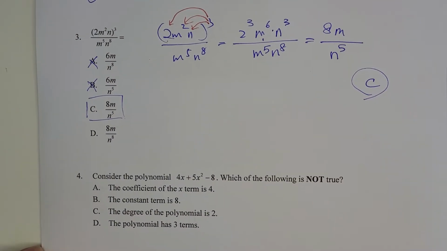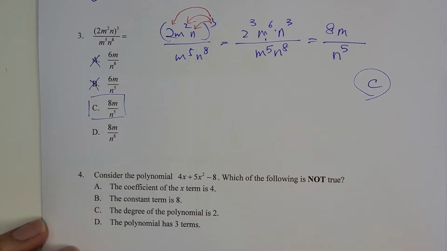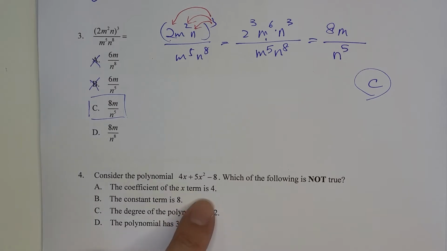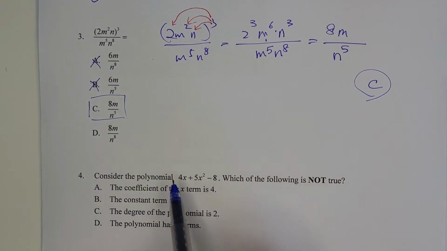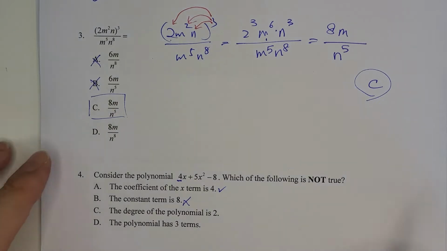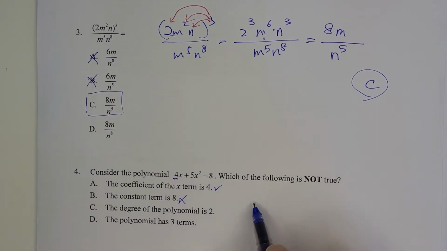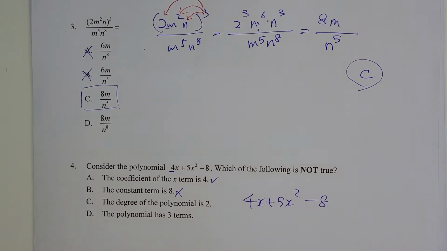Question number 4. Consider this polynomial. Which of the following is not true? First one, coefficient of the x term is 4. This one, correct. B, constant term is 8. Not correct. Because when you are considering the polynomial 4x plus 5x squared minus 8, there are 3 terms.